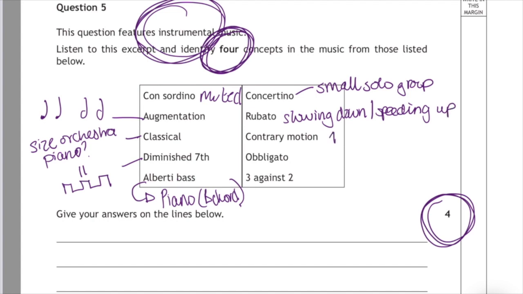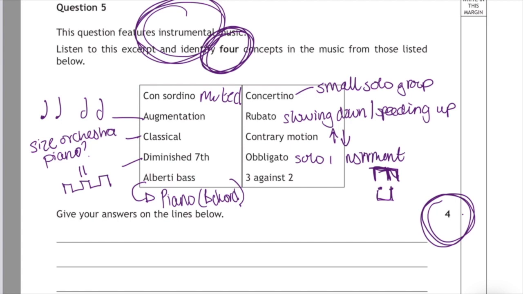Contrary motion, one part is going up while one part is coming down. Obbligato, a solo instrument, a solo instrument joining in. And 3 against 2, when we have triplets playing on top of quavers, so it doesn't quite align.